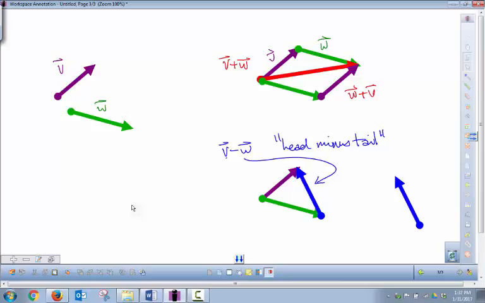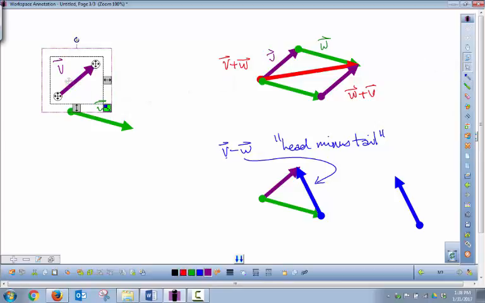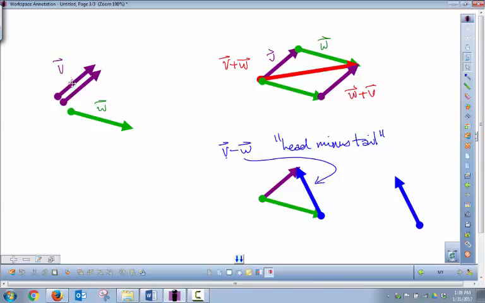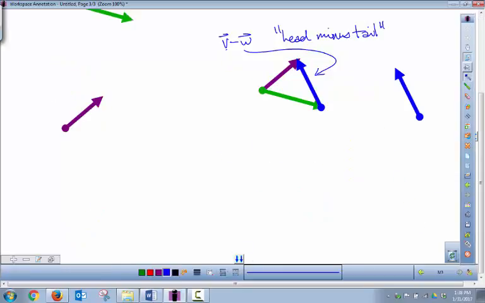And the next thing I want to talk about is the idea of a scalar multiplication. What's a scalar again? It's a number. A number, not a vector. So a scalar multiplication takes a vector and multiplies it by a scalar.